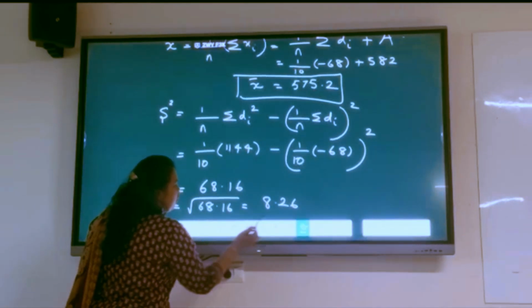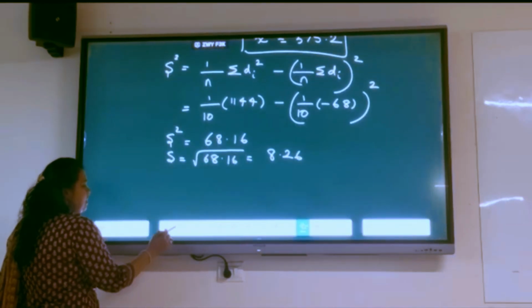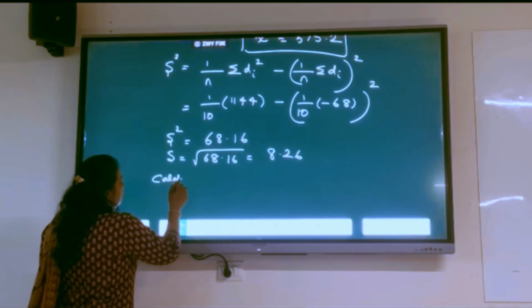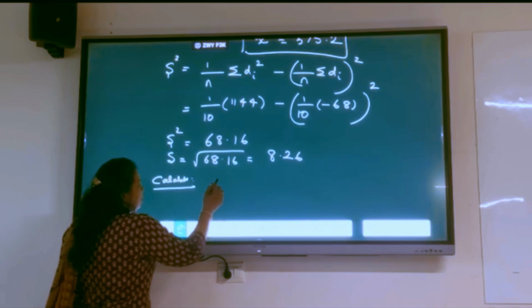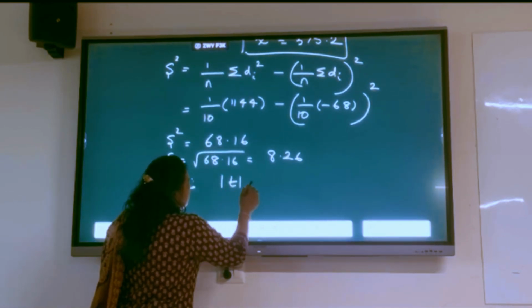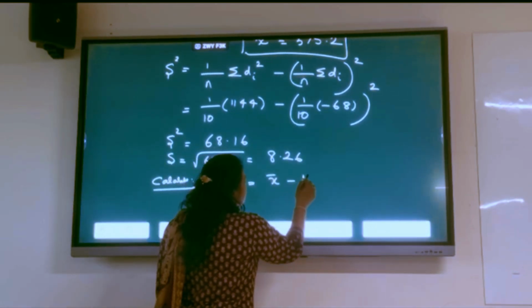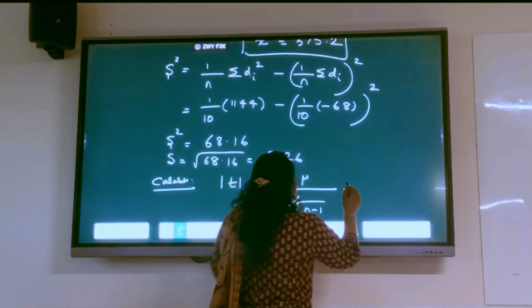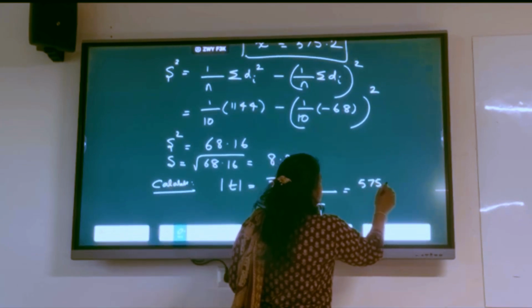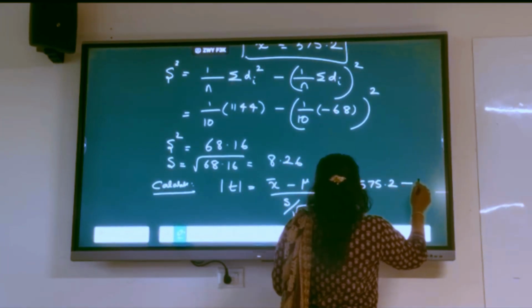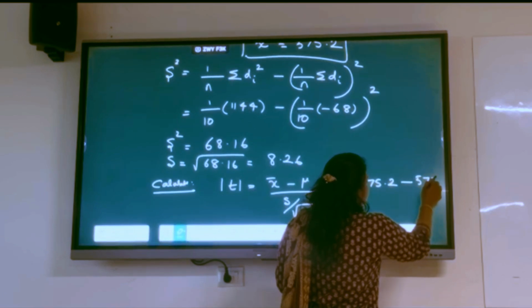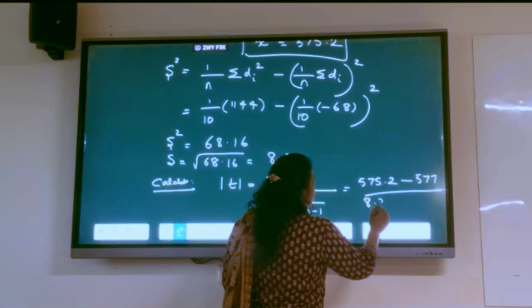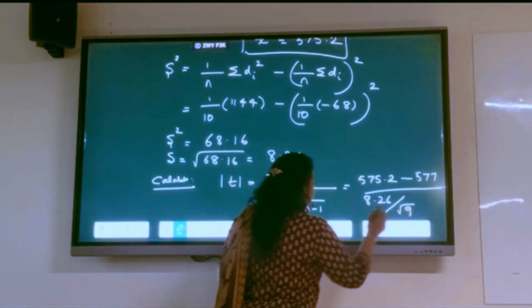After calculating the sample standard deviation, now we will calculate the t value, which is x bar minus mu divided by s by root of n minus 1. x bar is 575.2, minus mu, which is 577 given in the question for the whole population, and s is 8.26 divided by root 9.